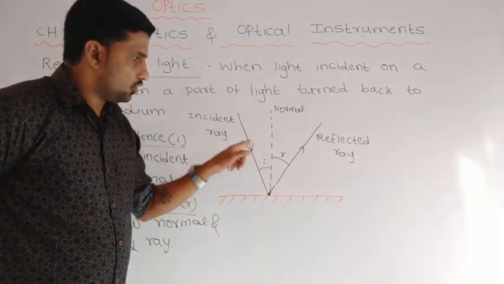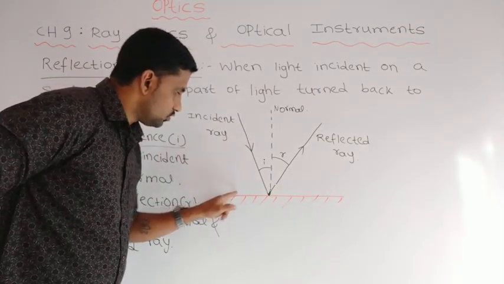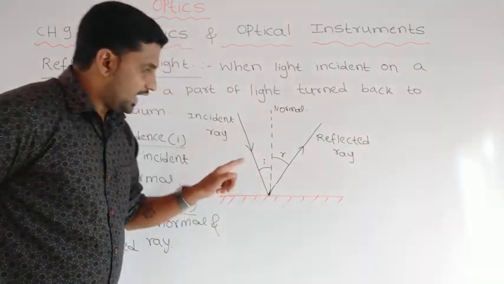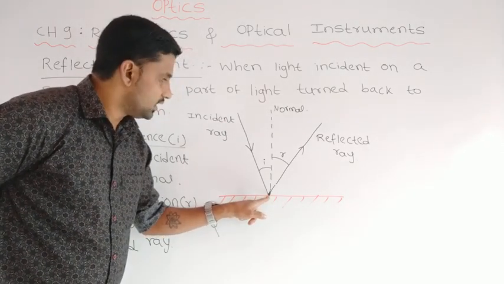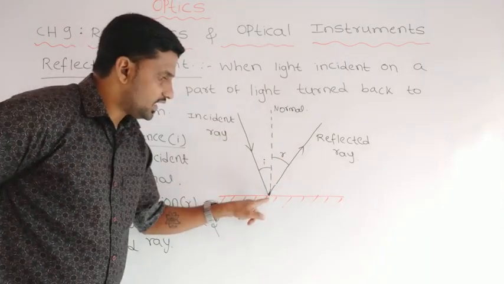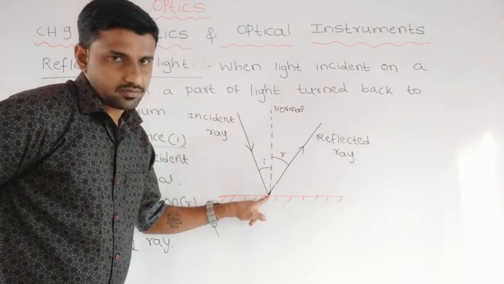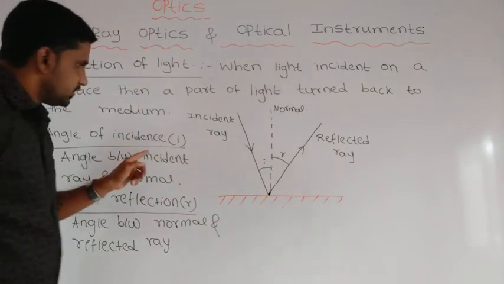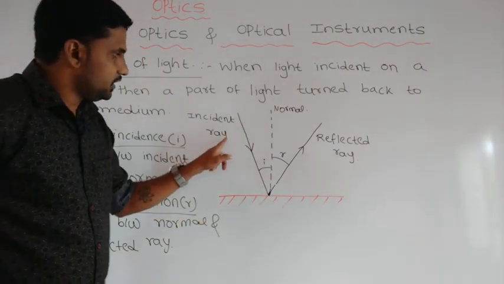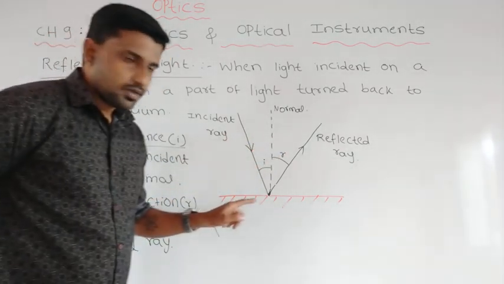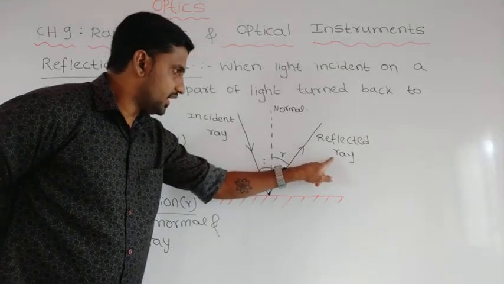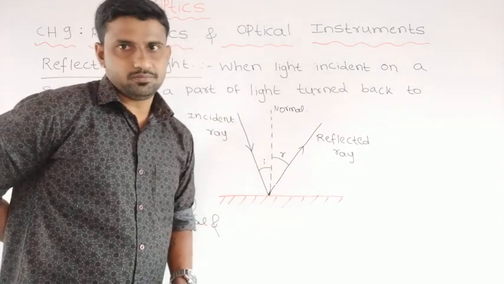Normal should be drawn exactly perpendicular to the reflecting surface, from the point in which the reflected ray and incident ray meet on the surface. The angle of incidence is the angle between incident ray and normal, and angle of reflection is the angle between reflected ray and normal.